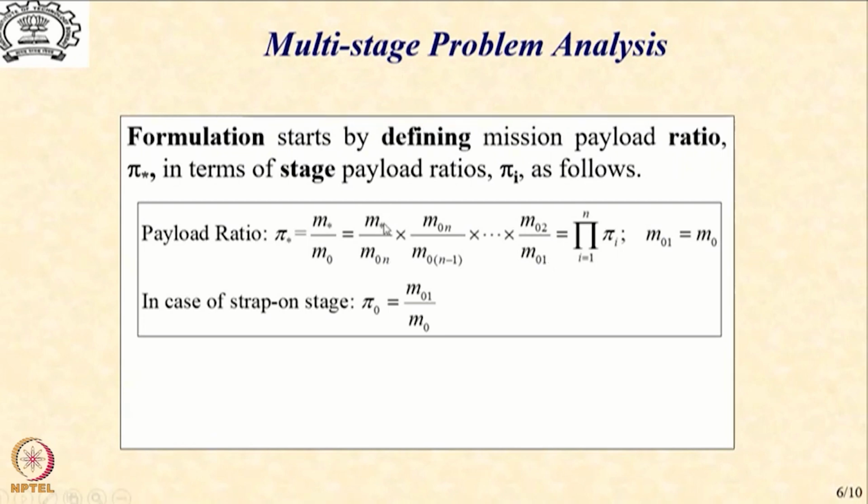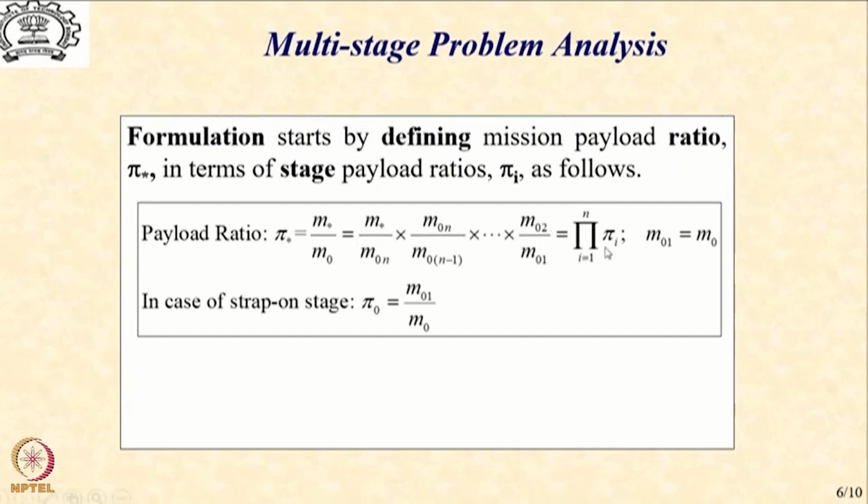For example, m star by m naught n is the payload ratio for the nth stage, m naught n by m naught n minus 1 is the stage payload ratio for the n minus 1 stage, etc., such that finally we come to the last stage, that this m02 by m01 is the payload ratio for the first stage.